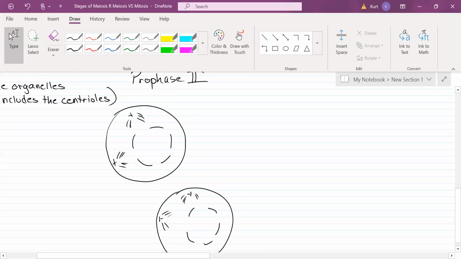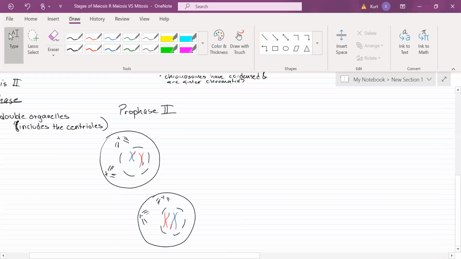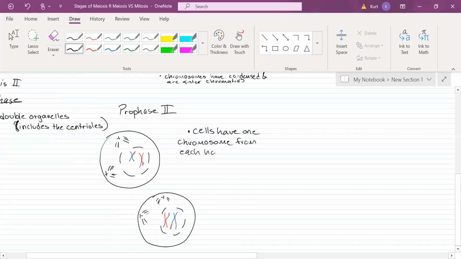All right, so let's draw the DNA inside. All right, so cells have 1 chromosome from each homologous pair.